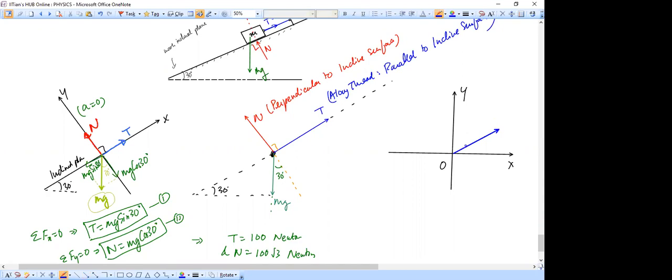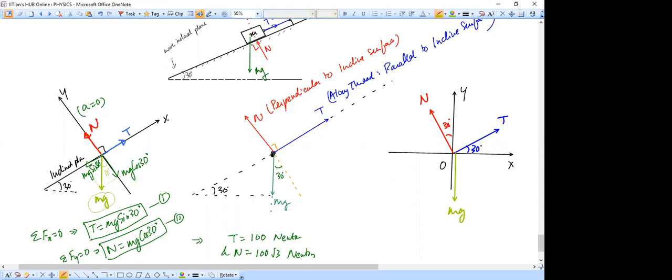Tension is acting like this. Normal reaction is acting like this. And mg is acting vertically downwards like this.